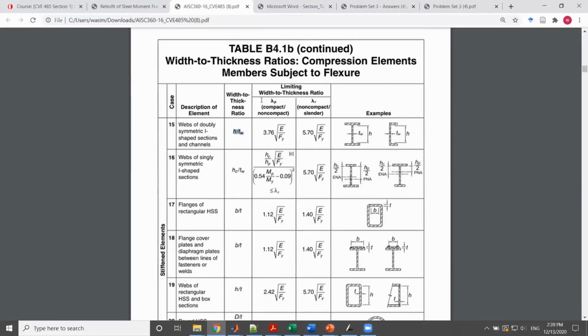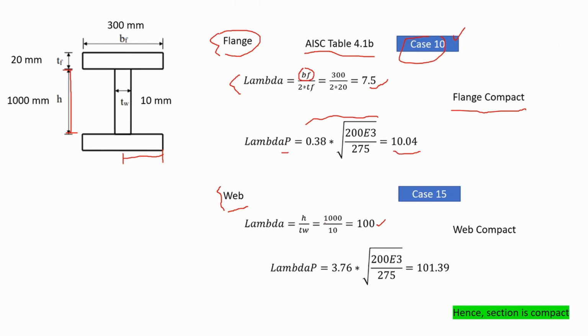Now check lambda p in order to see if it's less or more. So 3.76 multiplied by the square root term, you would get lambda p is 101.39. Therefore, your lambda of the web is less than lambda p, and the web is compact.